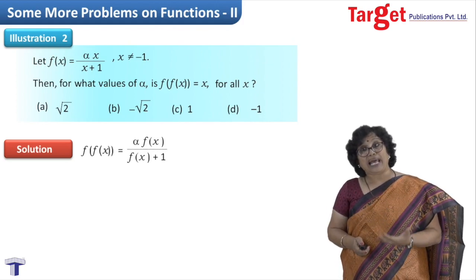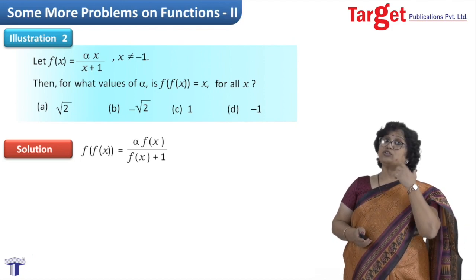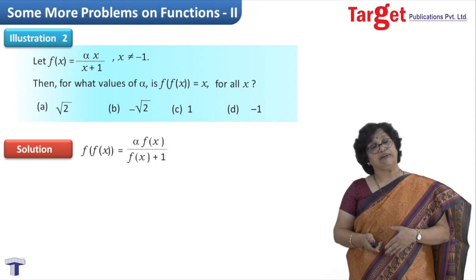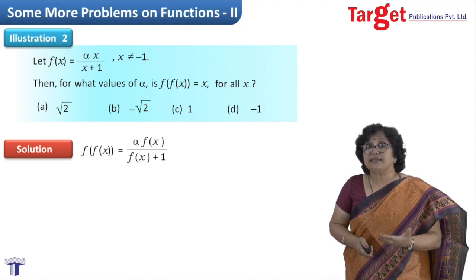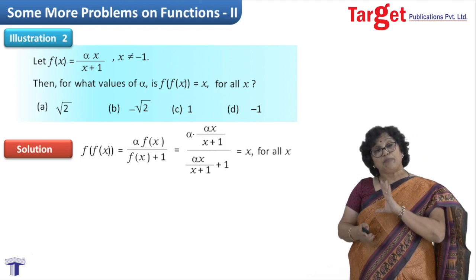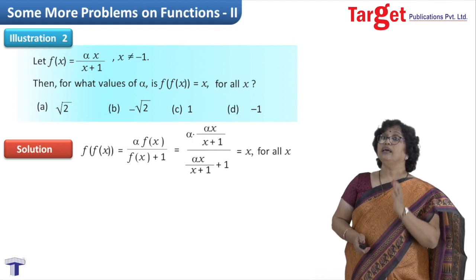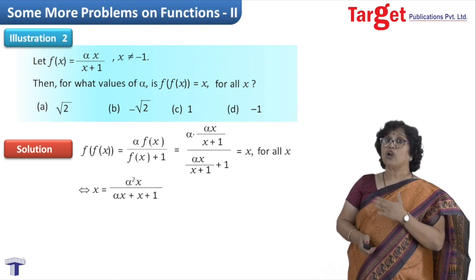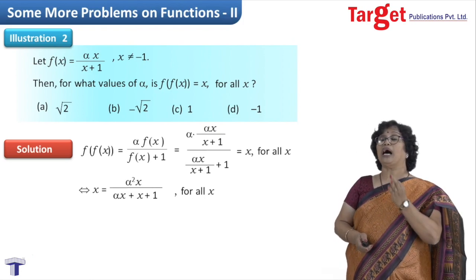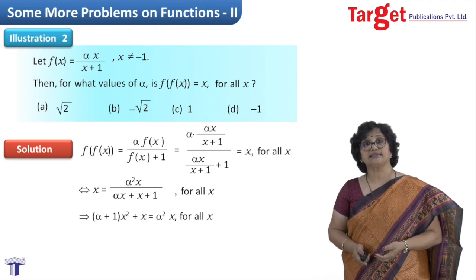That I will have to replace the inner f(x) first. I write in place of x, and I write α·f(x)/(f(x)+1). Again, replace that f(x) by αx/(x+1) and simplify it. Mind you, please, this f(f(x)) = x is given for all x. So, I get from here x = α²x/(αx+1) for all x.